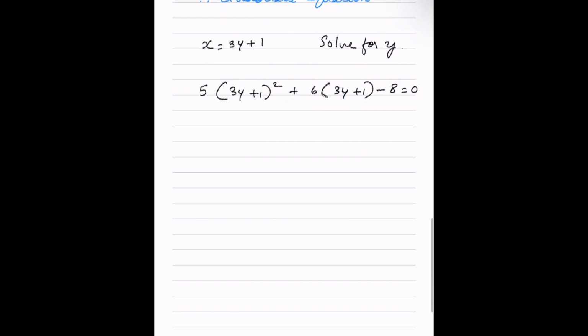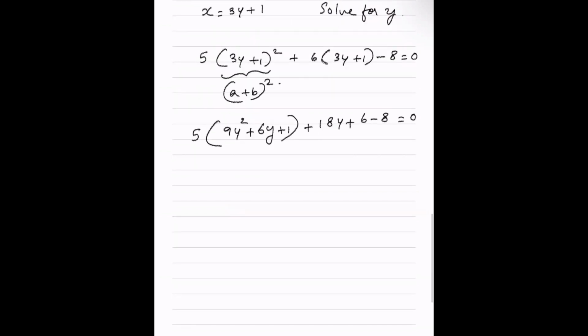So here, just expand this using the a plus b the whole square identity. What do you get there? 5 times (9y square plus 2 into 3y, that is 6y, plus 1) plus 6 3s are 18y plus 6 minus 8 equal to 0.